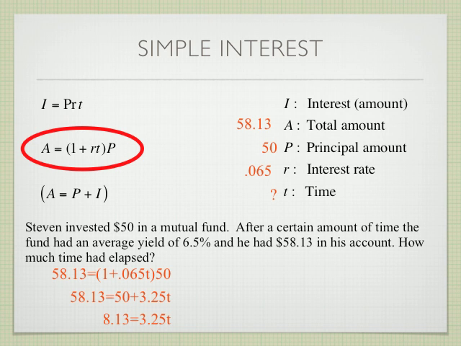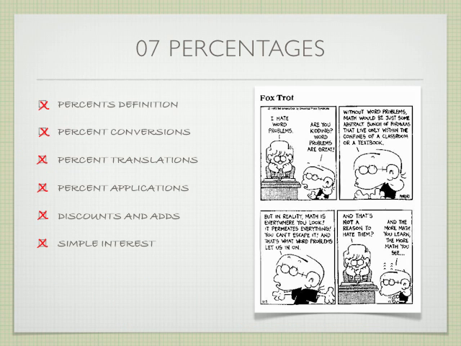Subtracting 50 from both sides, I have 8.13 equals 3.25t. Divide by 3.25, and I get t equals 2.50158 and so on, or about 2.5 years. And that is the end of simple interest.